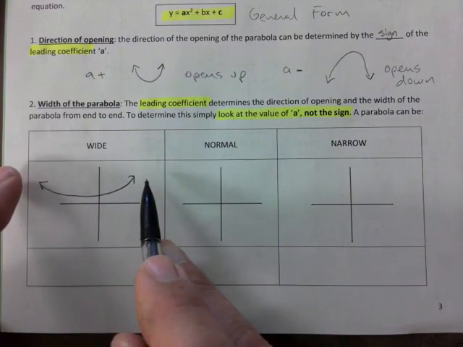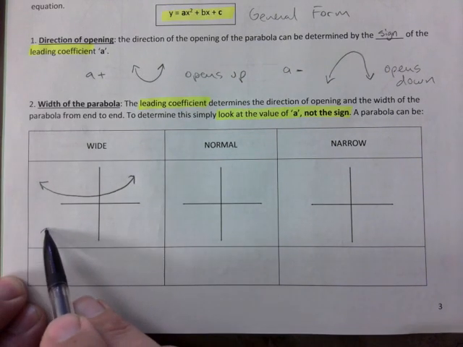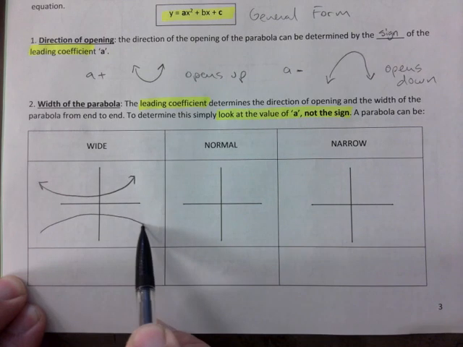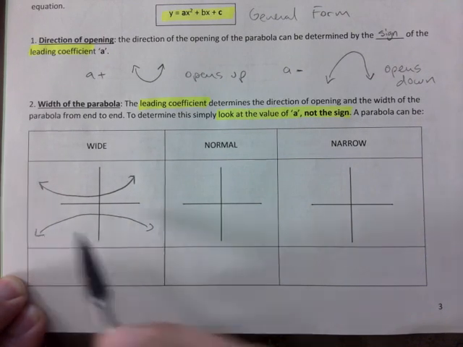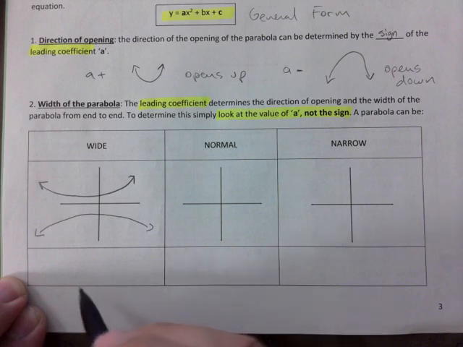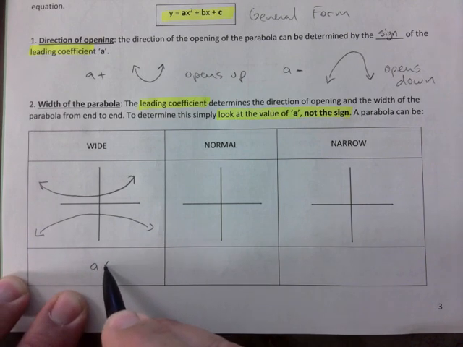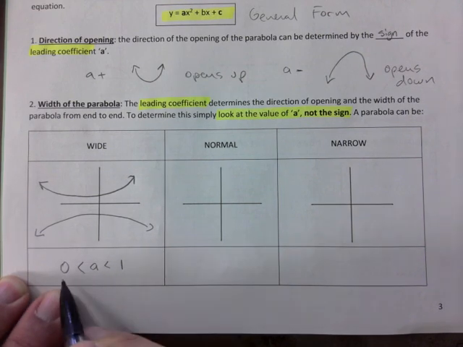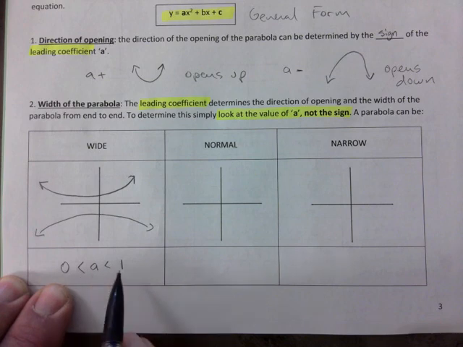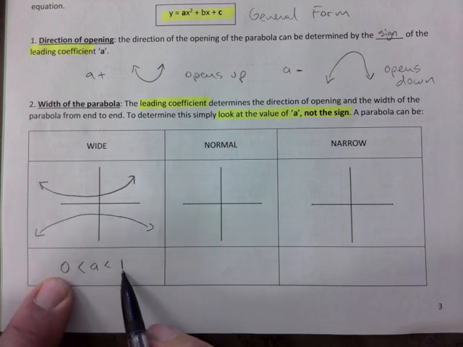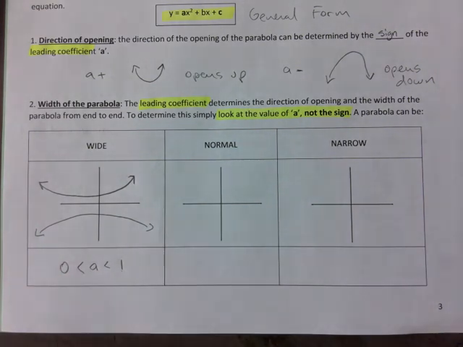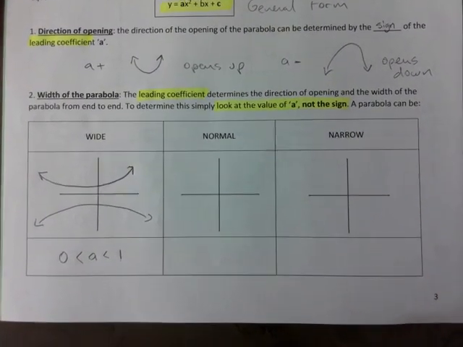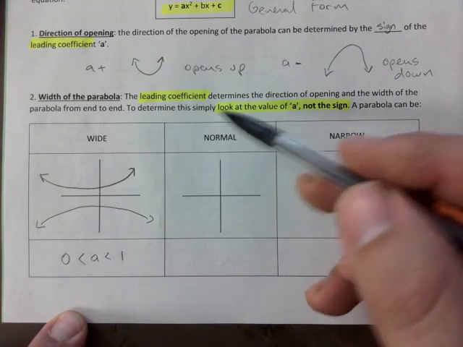It's like a bowl. Or it could be pointing down like this. And that's when A is anything between 1 and 0. So any decimal between 0 and 1, not including 0 and 1, anything in that neighborhood will result in a wider parabola. And this is always with respect to a normal parabola.